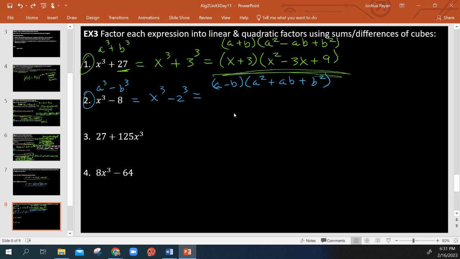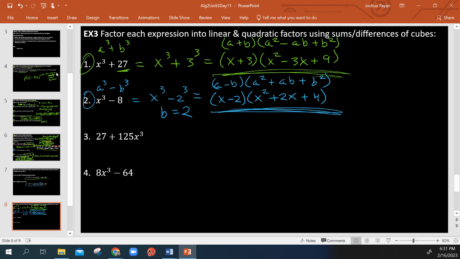I got it. So x minus 2, times x squared, 2 times x. Now, this is where kids always get confused. They always want to say it's negative 2 times x, but it's just 2 times x, because b is just 2. So it's just going to be plus 2x. This is always a plus sign here. And then plus 4. So that is my answer there.